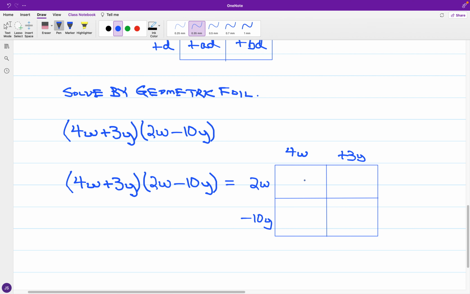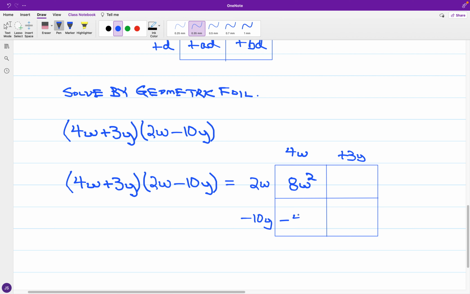Okay, so looking at the corresponding portions here. For the first product, we're entering the result of 4W times 2W. So in this case, this will be 8W squared. And if we go down the first column, we have 4W times negative 10Y. So we have a negative product in this case.